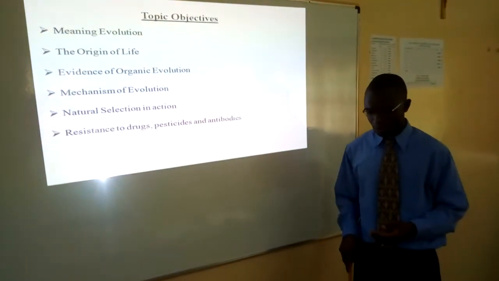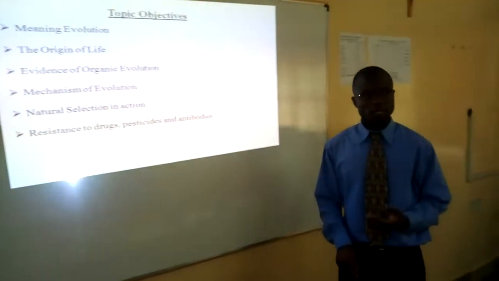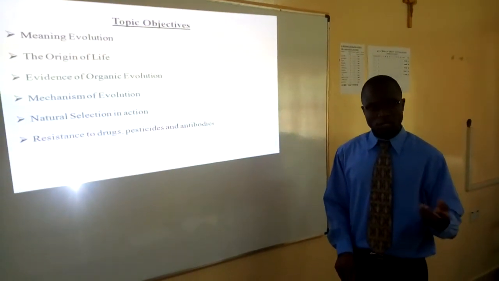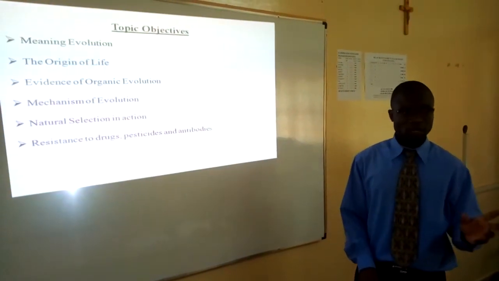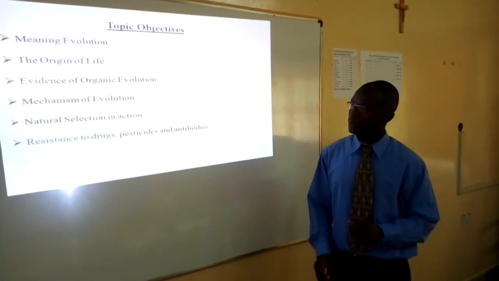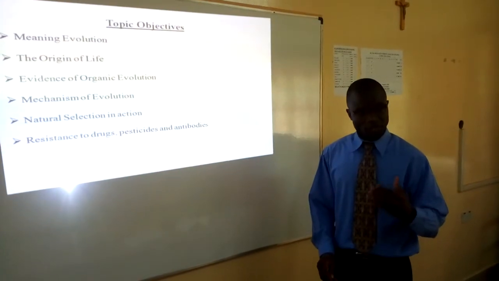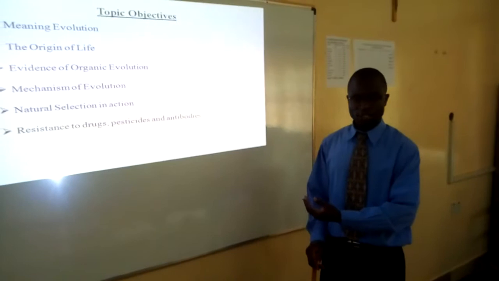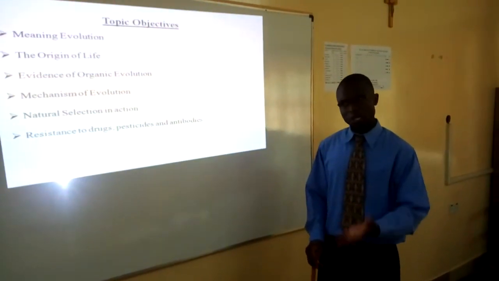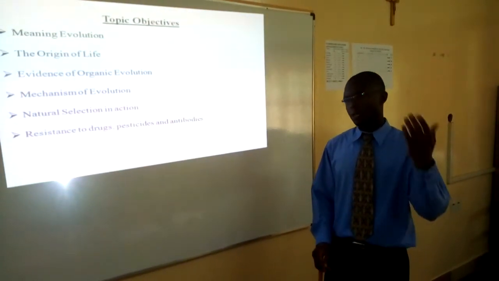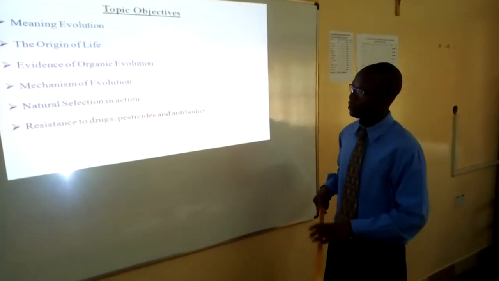Mechanism of evolution, we will be looking at the role that scientists play. Jean Baptiste, commonly known as Lamarck, and Charles Darwin, what they explained in relation to the differences in living organisms, or the variation in living organisms of what we are seeing currently and what existed a long time ago.